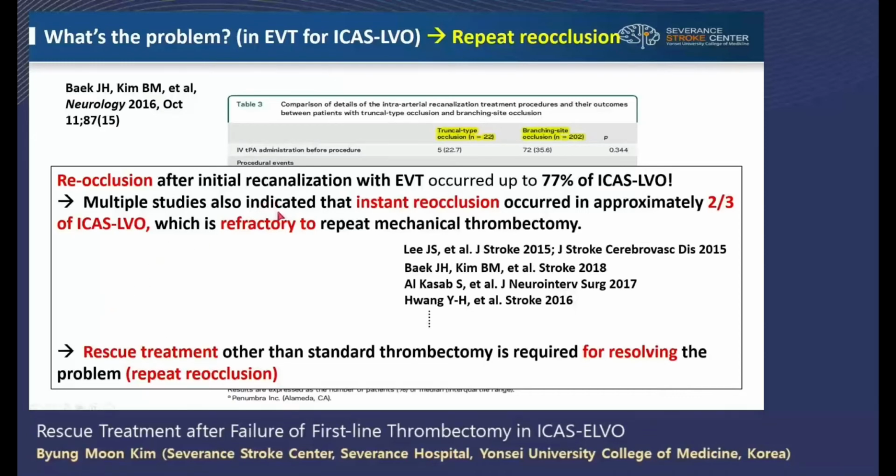Multiple studies also indicated that instant reocclusion occurred in approximately two-thirds of ICAS LVO, which is usually refractory to repeat mechanical thrombectomy. Therefore, rescue treatment other than standard thrombectomy, I mean stent retrieval or contact aspiration thrombectomy, is required for resolving the problem of repeat reocclusion.